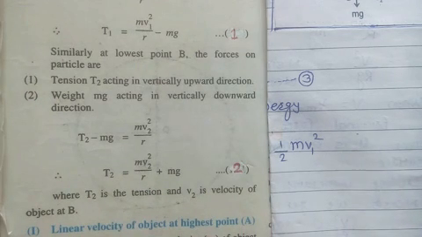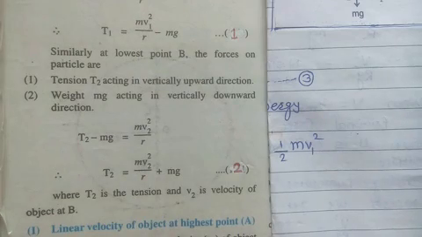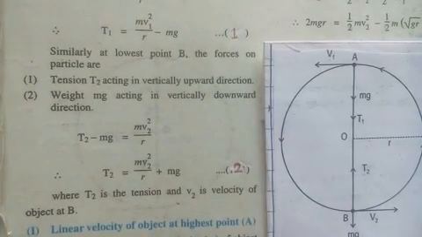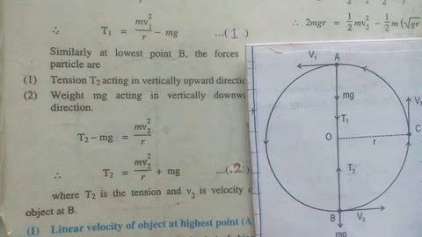Now we have to find the velocity at different positions, that is at top position, then at the bottom position, and at the midway position.